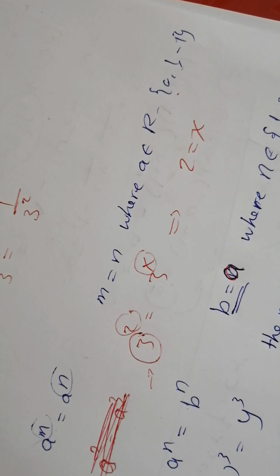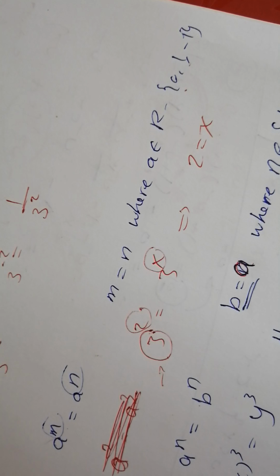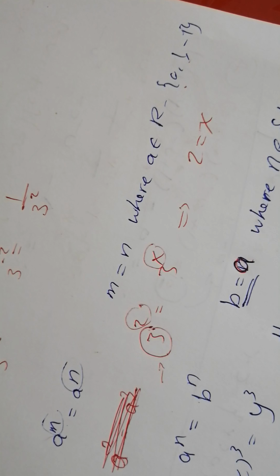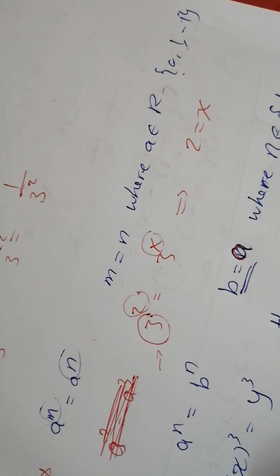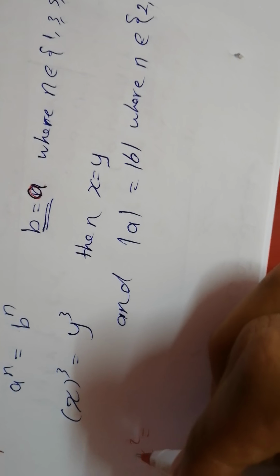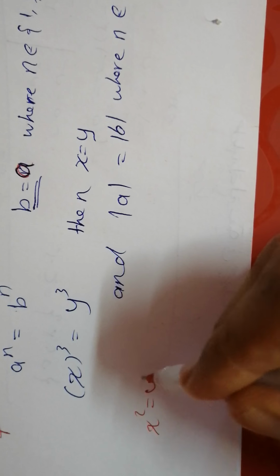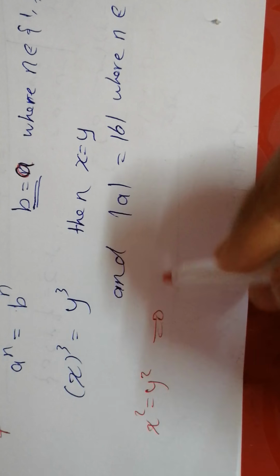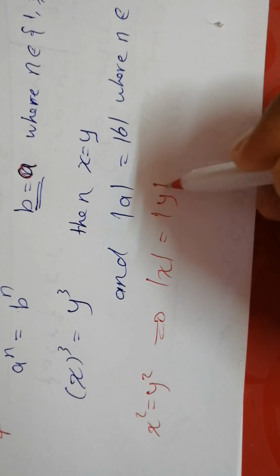Because the odd numbers, as we say, protect the negative sign, and the even numbers can't protect the negative sign. For example, if we have x power 2 equal y power 2, then absolute value of x equals absolute value of y.